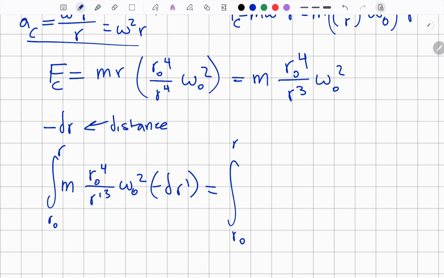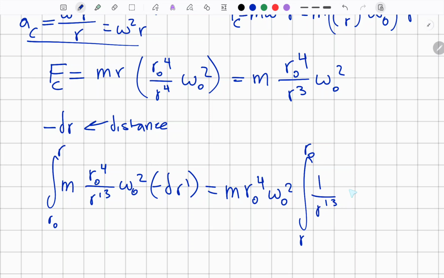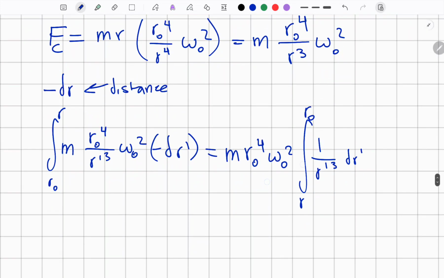We'll go ahead and pull that out front of the integral right now: m r naught to the fourth omega naught squared times the integral from r naught to r. We can go ahead and switch our limits of integration to get rid of that negative. So we'll go from r to r naught of 1 over r prime cubed dr prime.